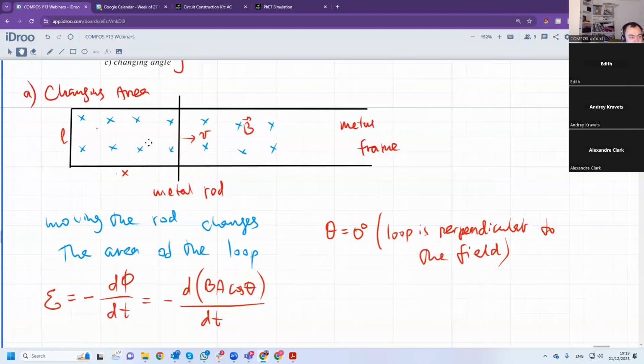So imagine you have a rod moving through a magnetic field, there's a loop, and because the area of the loop is increasing, you have an EMF produced in the loop.